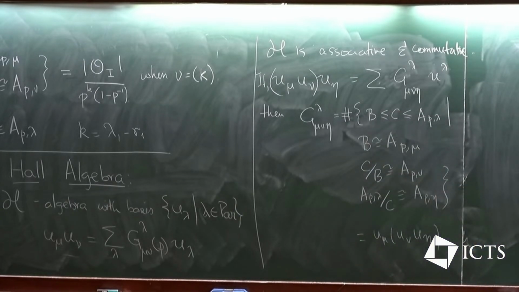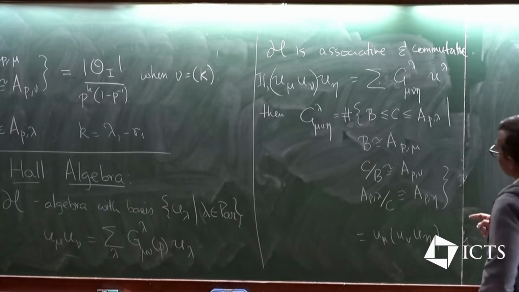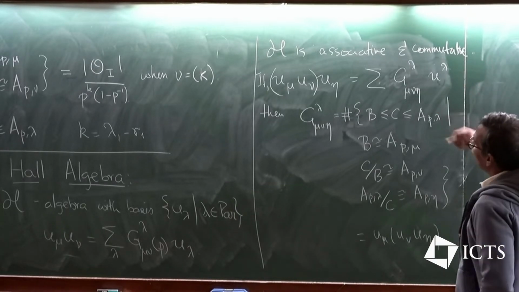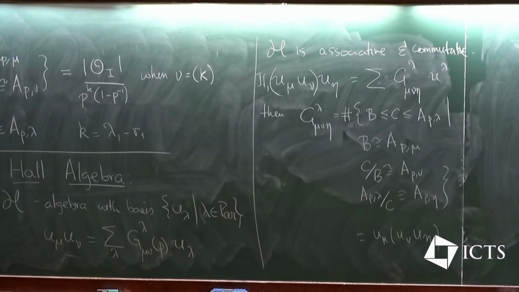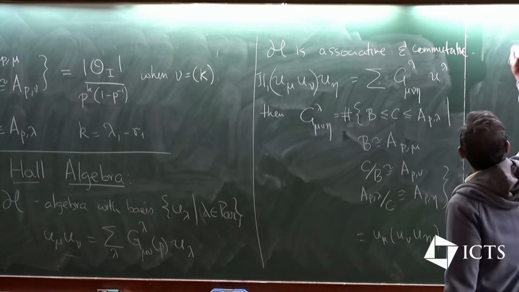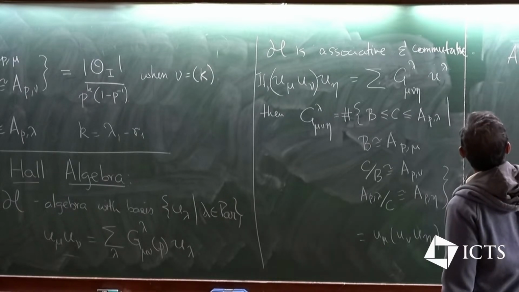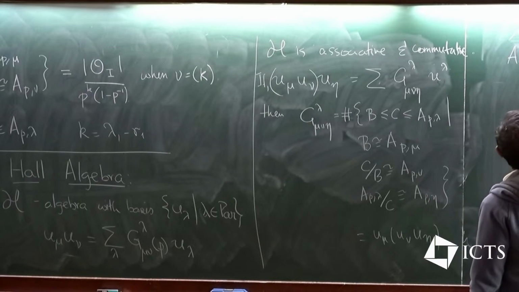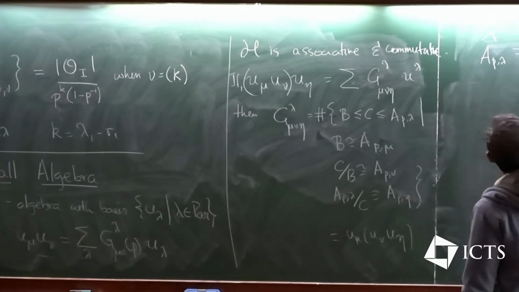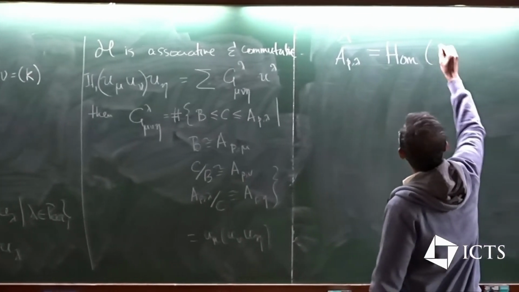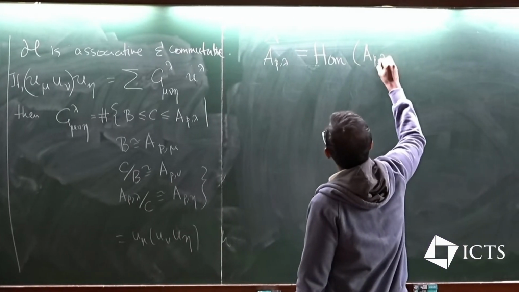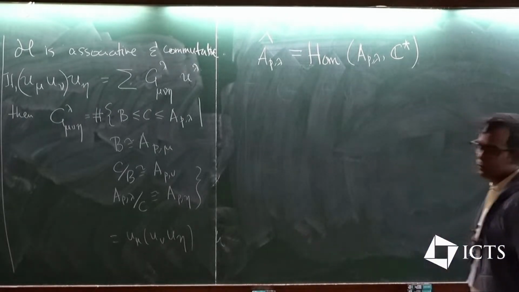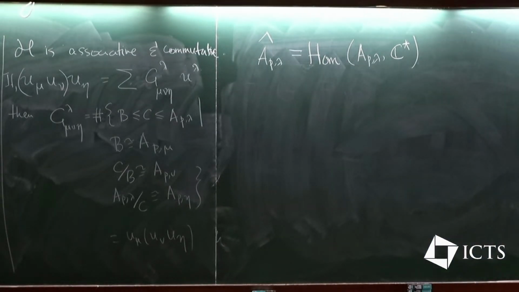And that's a very interesting fact which comes out of Pontryagin duality. So you have this finite abelian P group, AP lambda, and you can talk about its Pontryagin dual, which is just the group of all homomorphisms from AP lambda to the multiplicative group of the complex numbers.